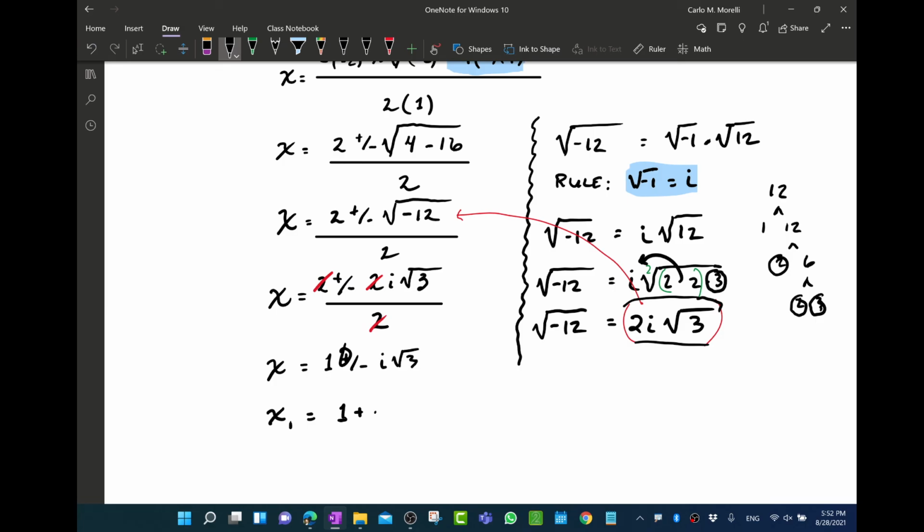So 1 plus square root 3 i. Okay? And then your second solution, x2, is going to be 1 minus square root 3 i. And those are your two solutions.